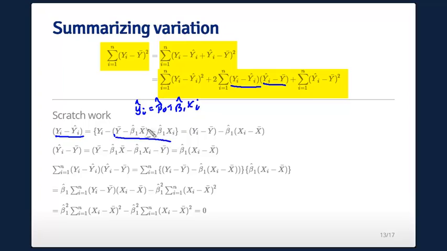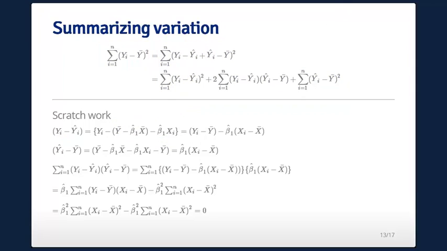But also remember the definition of beta naught hat is that right there. Okay, so I'm going to get rid of some of those annotations so we can see, and then collect all these terms, and you wind up with that right there. It works out to be yi minus y bar minus beta 1 hat times xi minus x bar.